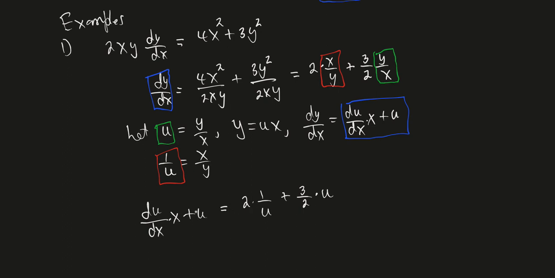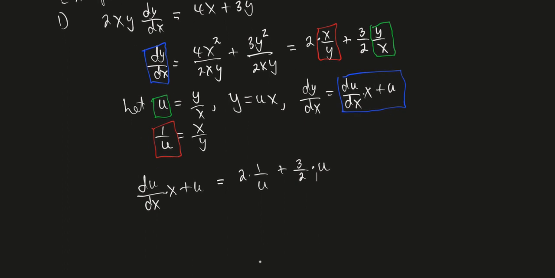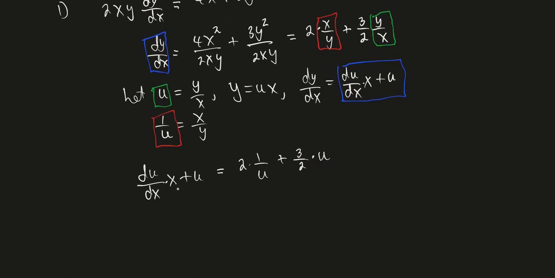There we go, that's u. All right, so what I'm going to do is subtract u from both sides and then clean this up and maybe go ahead and write this as a single fraction now. Now that I've put it in that homogeneous form and made the substitution, let's start to simplify, because what's upcoming is an integral or two. So we've got to make sure that things are in the nicest possible form that we can integrate.